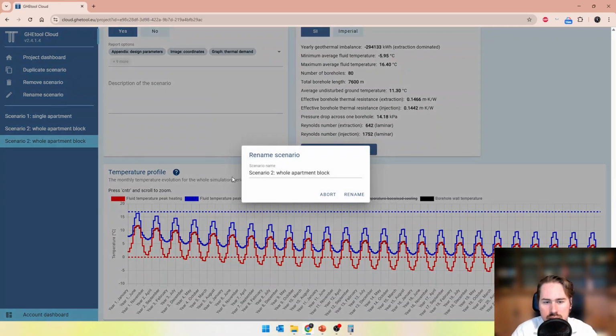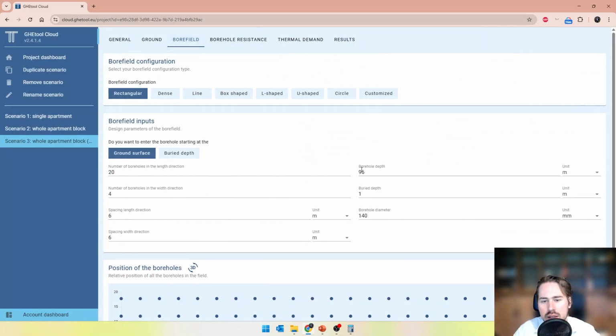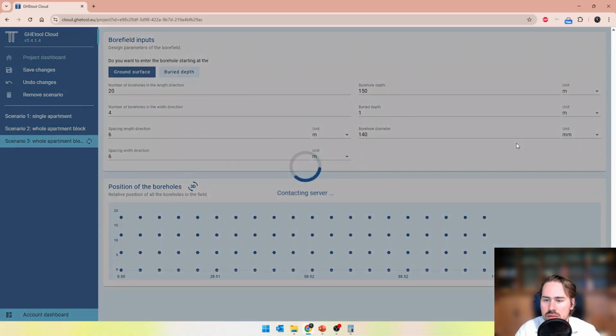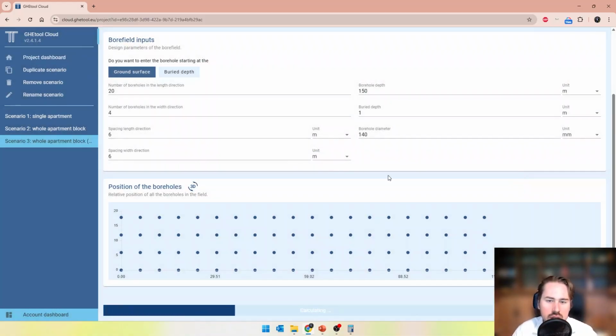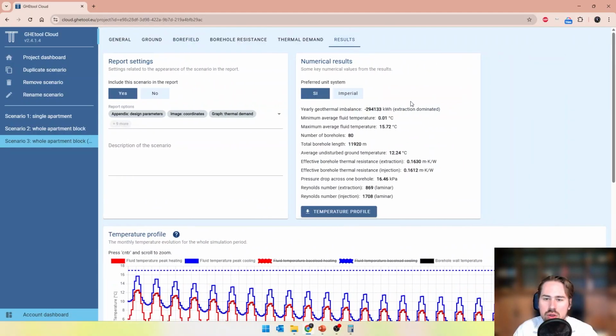So let us go ahead and try to fix this. Call it fix, super original. And let us, for example, use 150 meters deep, just to see how it turns out. Surprisingly it works rather well.